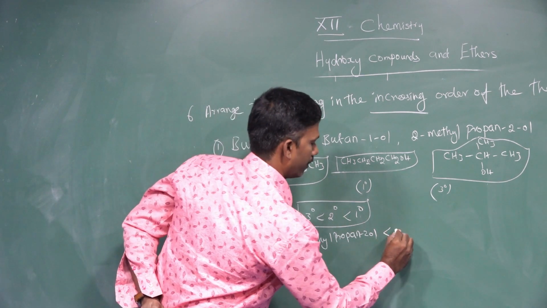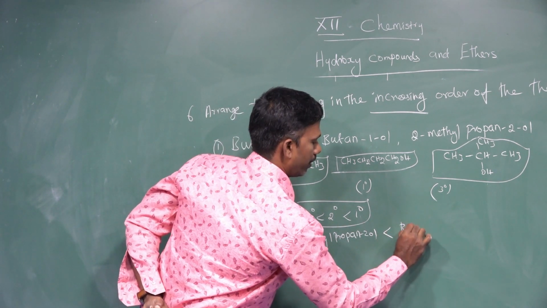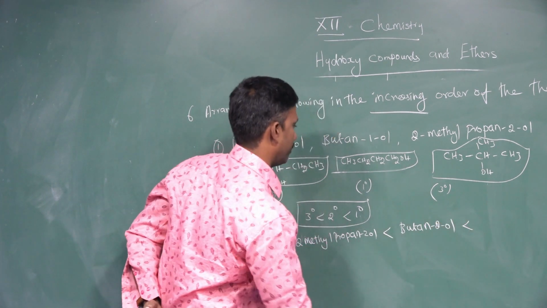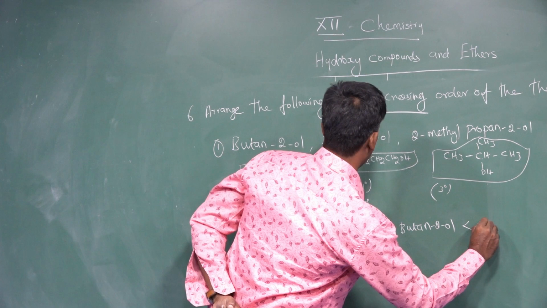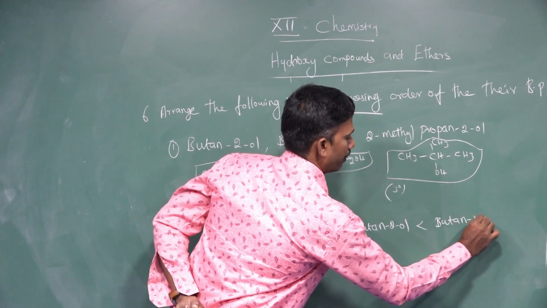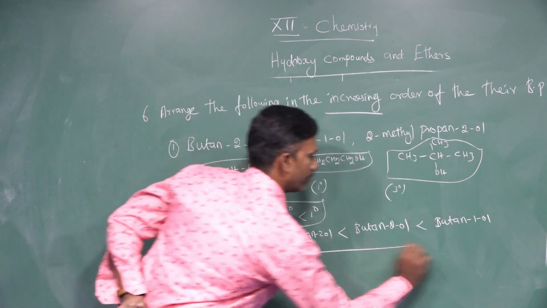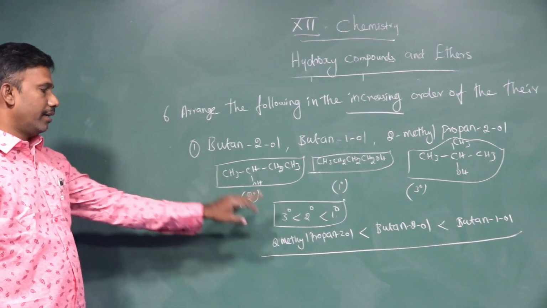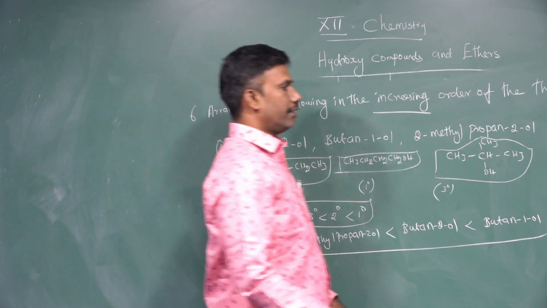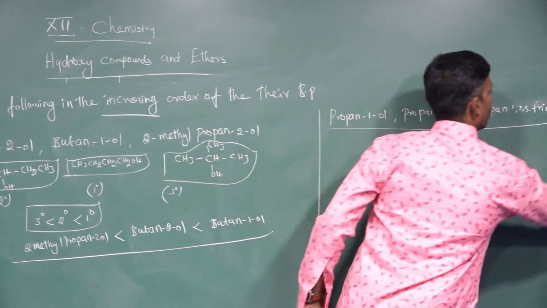Then the secondary alcohol, butan-2-ol. Then the primary alcohol, that is butan-1-ol. So this is the increasing order of their boiling point. In isomeric alcohols, tertiary will have the lowest boiling point and primary the highest. Then let us do the second part of this same question.